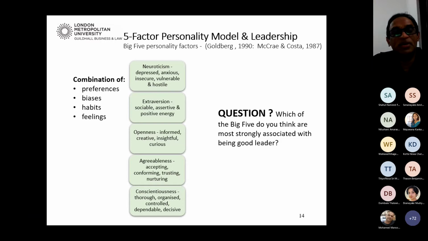Then we have another type called extraversion. They are sociable, assertive and positive with a positive energy, right? Then we have another type called openness. Now the openness type leaders are well informed, and they are creative, insightful and curious. Then we also have another type called agreeableness.